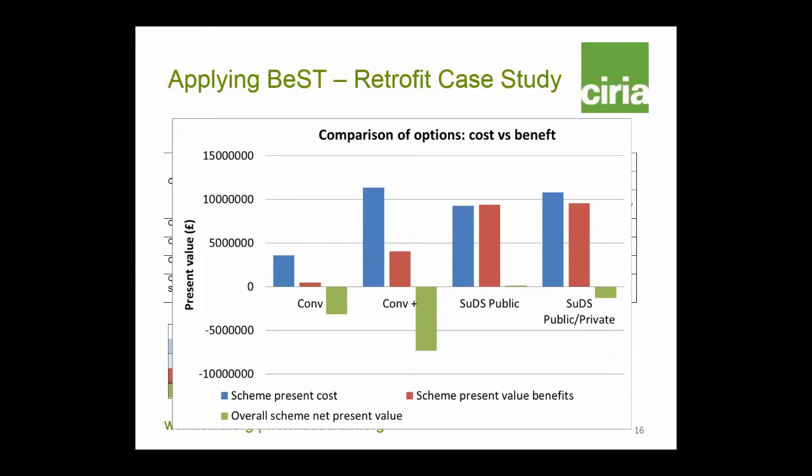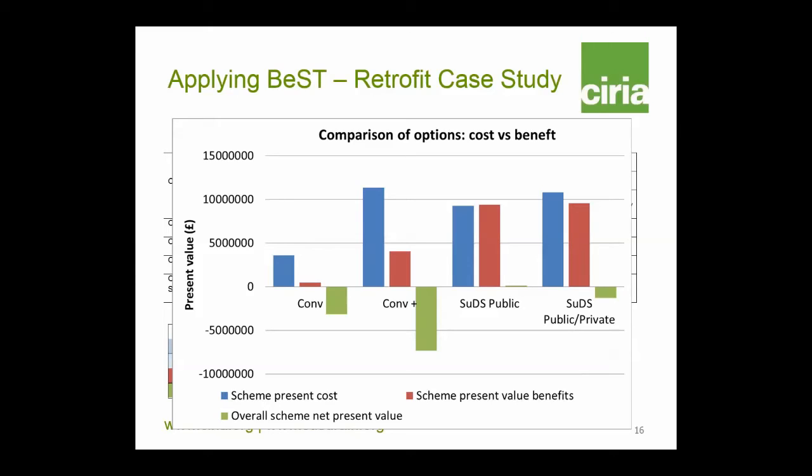And it was the SuDS in public spaces which actually came up with that slightly positive overall net present value, whereas the conventional plus, which provides some similar hydraulic benefits to the SuDS public in terms of managing flooding, didn't provide other benefits and also cost a little bit more.